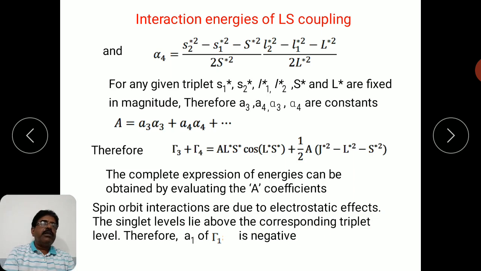So for these terms one must consider certain conditions, for example here this A coefficient. As we know, spin orbit interactions are due to electrostatic effect, and the singlet levels lie above the corresponding triplet level. Therefore, A1 gamma 1 is negative.